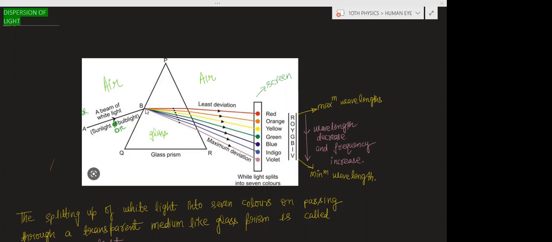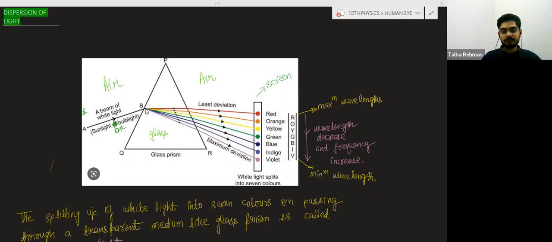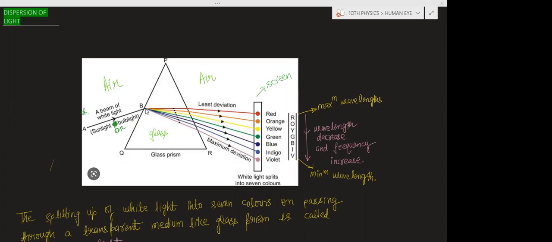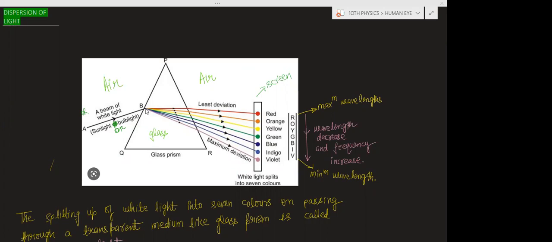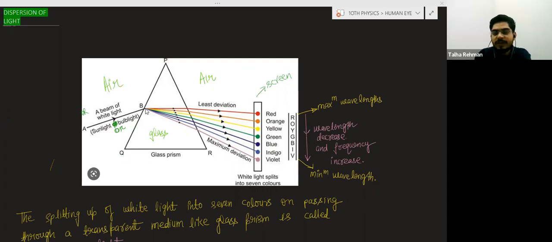Sir, when white light passes through the glass prism, its colors, like the seven colors, travel with different speeds, because the refractive index is color dependent. Right answer, because the speed is different.